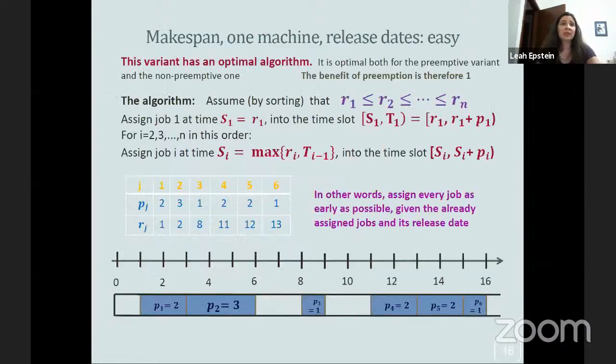The slide looks pretty bad, but it is a very easy algorithm. I'm just trying to say that if you minimize Makespan on one machine with release dates, it is easy because you sort them and assign every job at the earliest time possible.